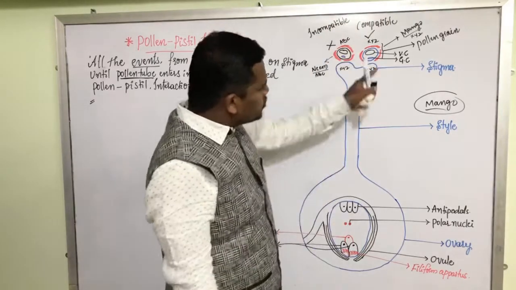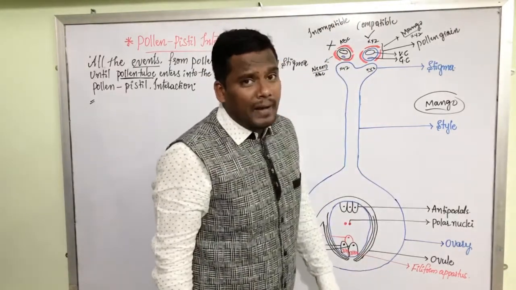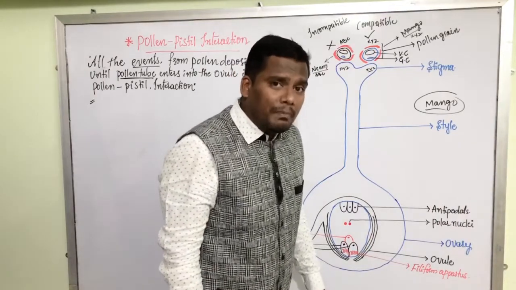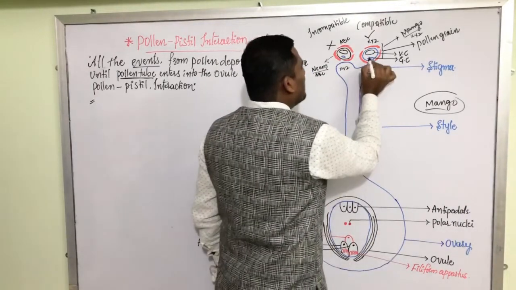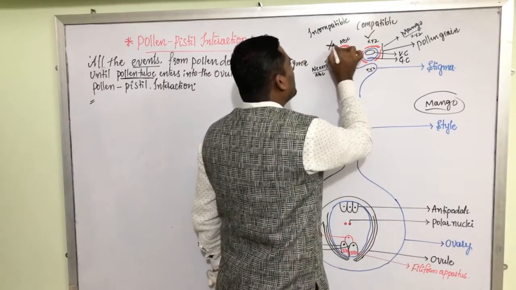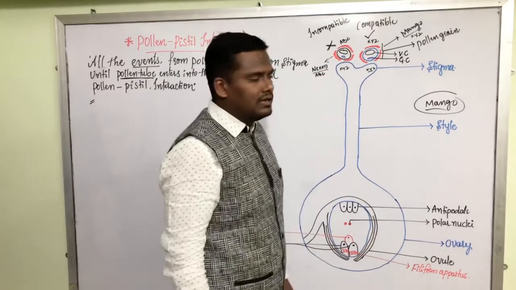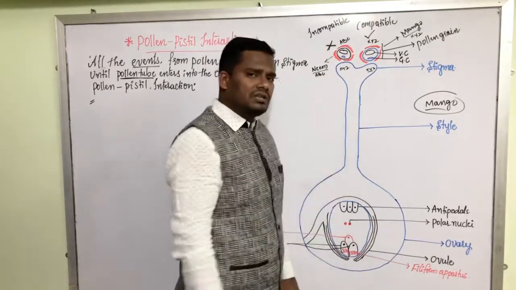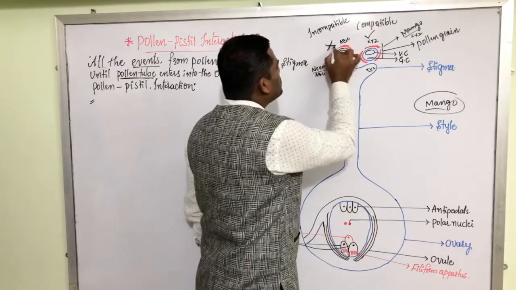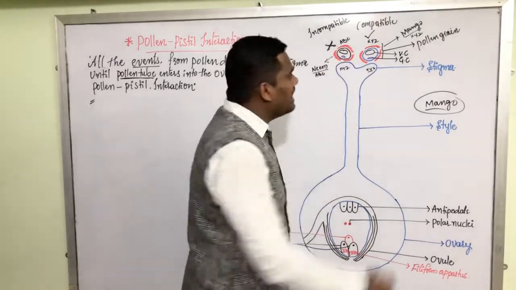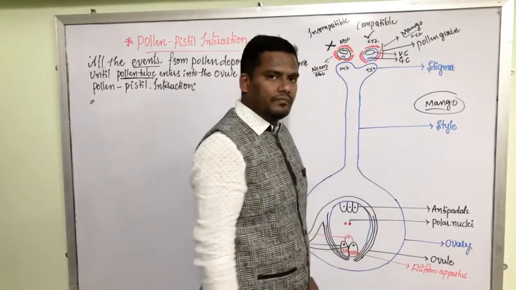Now in these two situations, where is the compatibility and where is the incompatibility? Here there is compatibility, here there is no compatibility. Hence the stigma rejects this pollen grain and selects this pollen grain.